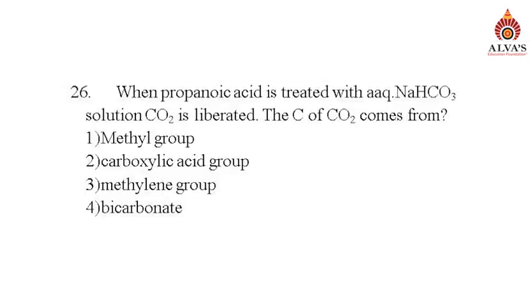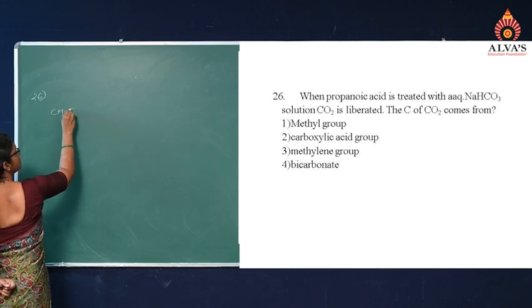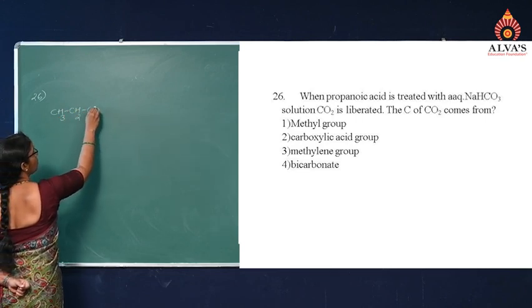When propanoic acid is treated with aqueous NaHCO3, sodium bicarbonate solution, carbon dioxide is liberated. The carbon of the carbon dioxide comes from, now propanoic acid, CH3, CH2, COOH.